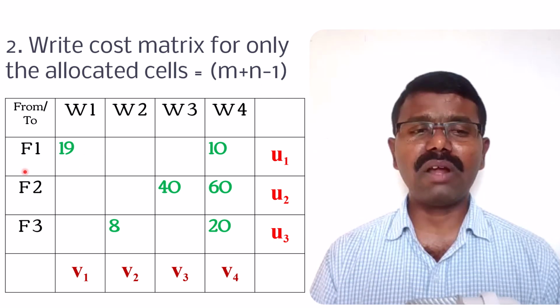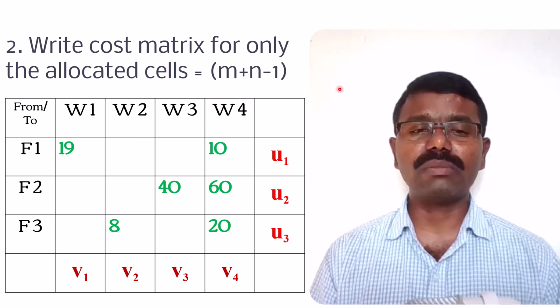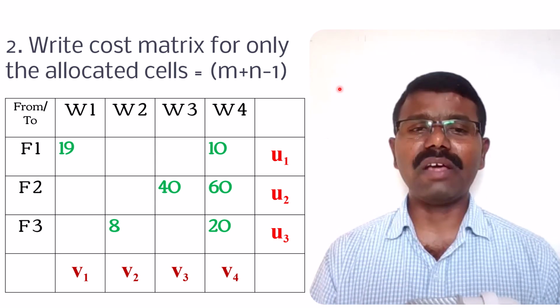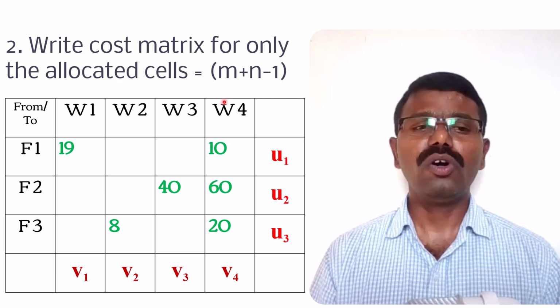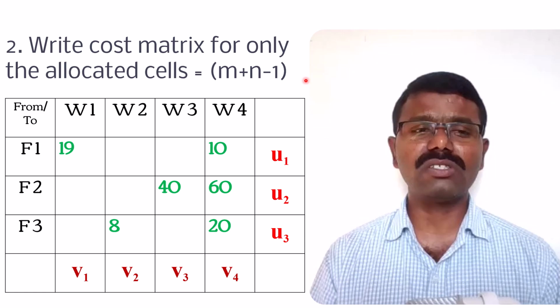Here the number of rows is 3 and the number of columns is 4. So m plus n minus 1 is 3 plus 4 minus 1, which is equal to 6. So the allocated cells equal m plus n minus 1, and the optimality test can be applied to this problem.